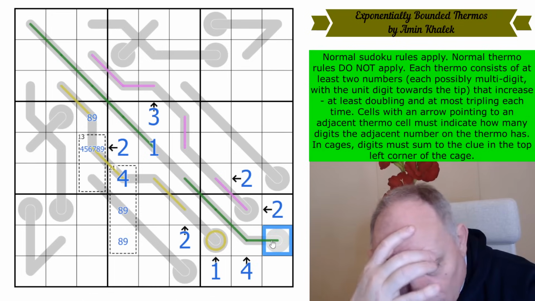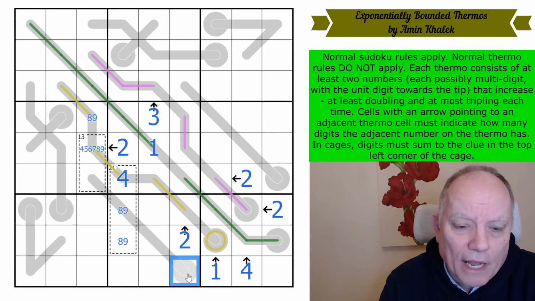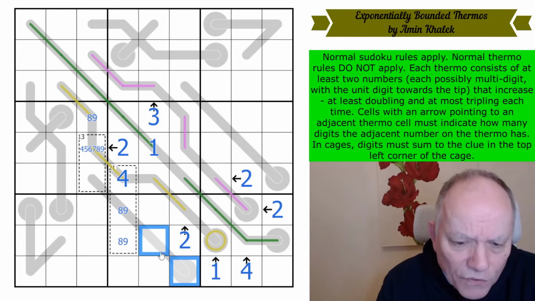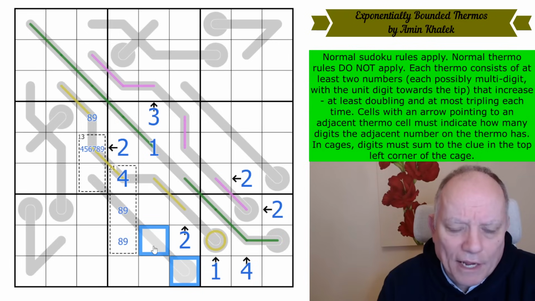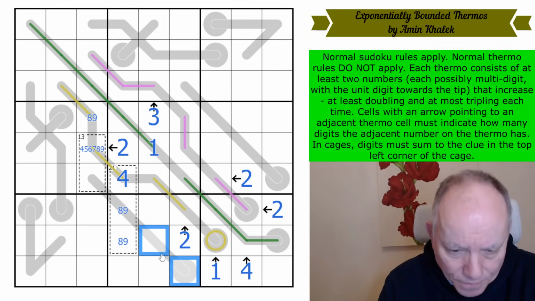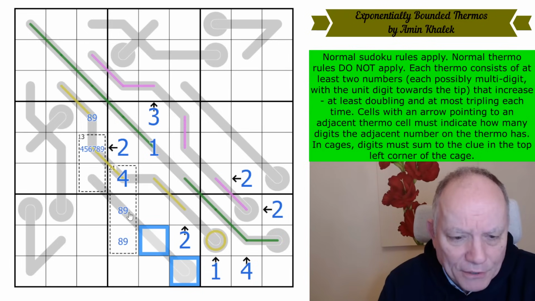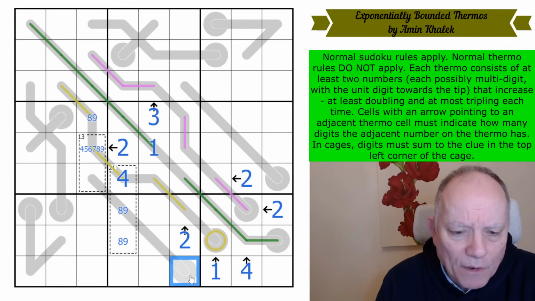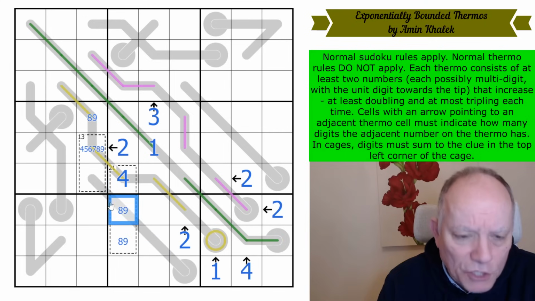Now, we've got these 4-cell lines. Okay, what can they be? The first number on the line can't be more than 2 digits. It could clearly be a 2-digit number followed by another one. Or it could be 1 cell, 2 cells.